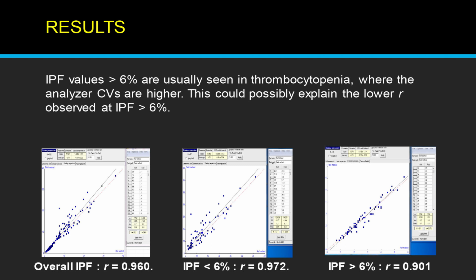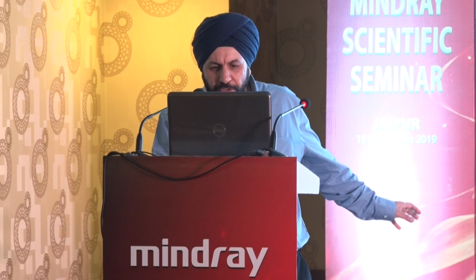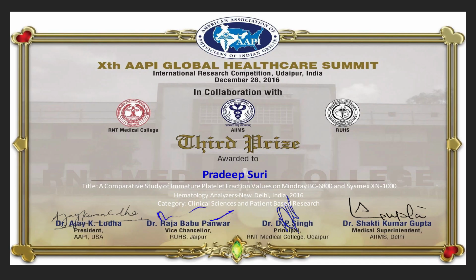This is the Deming regression graphs for the same, they are all showing good correlation. So the conclusion was that the regression analysis between IPF of both analyzers showed good correlation, and although they are not an exact apple to apple comparison, they can be used to look at trend analysis from one analyzer to the other. So we got a third prize for this paper in Udaipur.